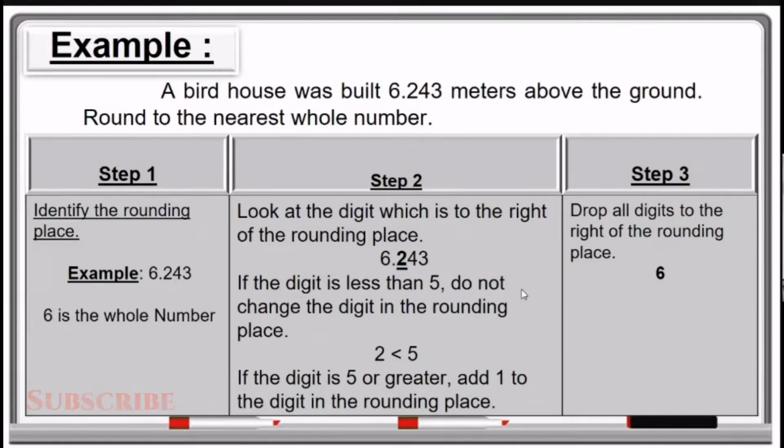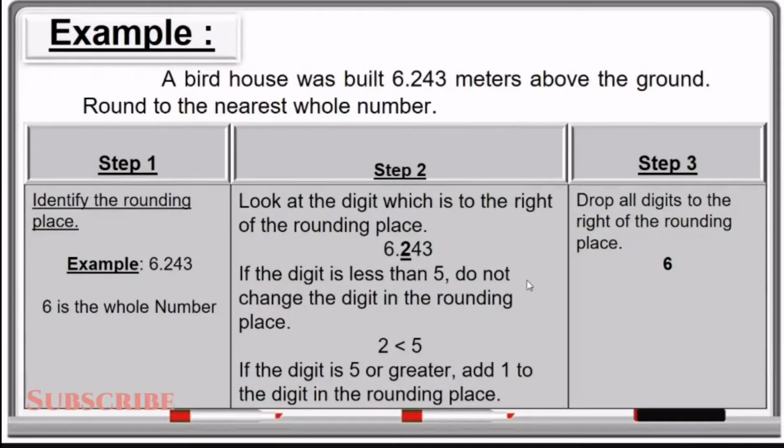So the nearest digit from the whole number, which is 6, is the number 2. Now, if the digit is less than 5, do not change the digit in the rounding place. So we don't change it when the neighbor of the rounding digit is less than 5. In this case, the rounding digit is 6.